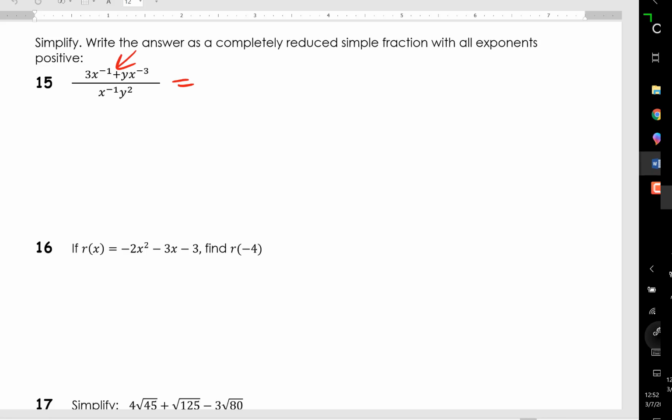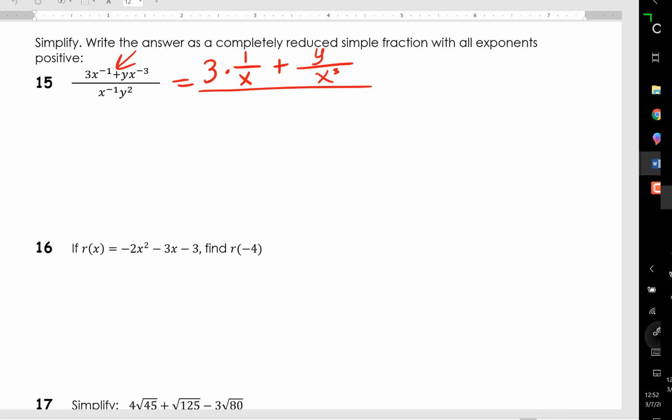So 3x to the negative 1 is 3 times 1 over x to the positive 1. And then y times x to the negative 3 is y over x to the positive 3, or it's y times 1 over x cubed, which is y over x cubed.